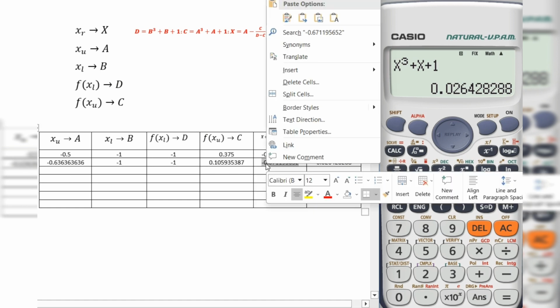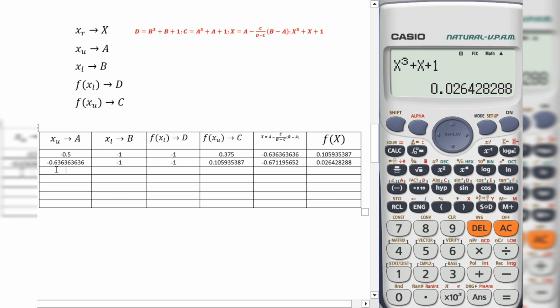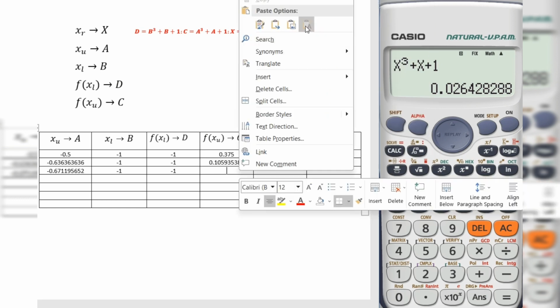this value and minus 1, again D is equal to minus 1, C is equal to this value.